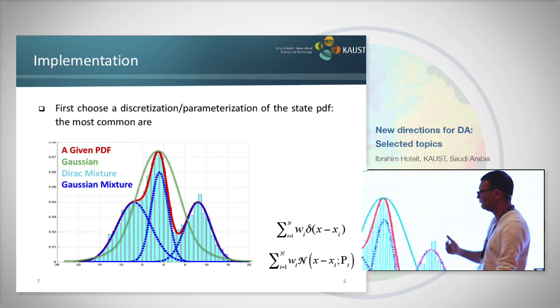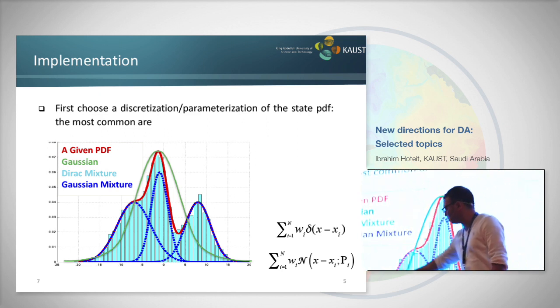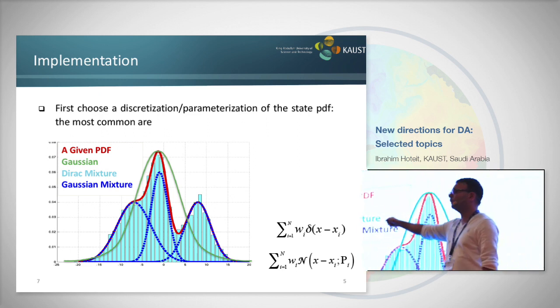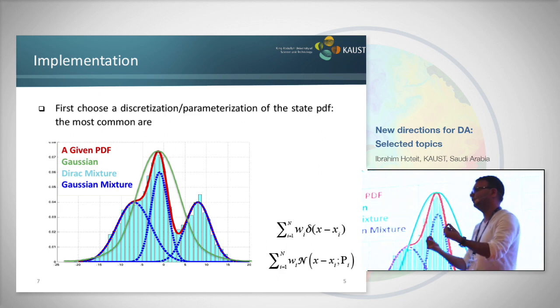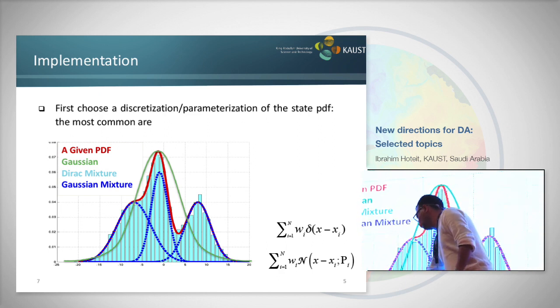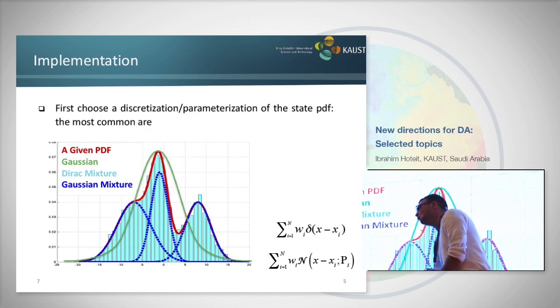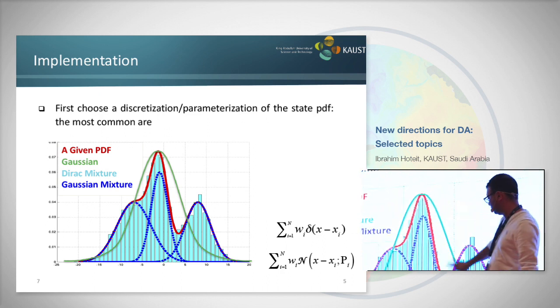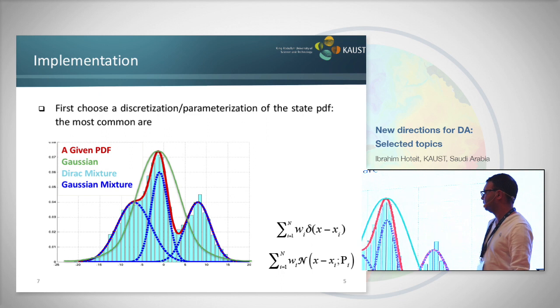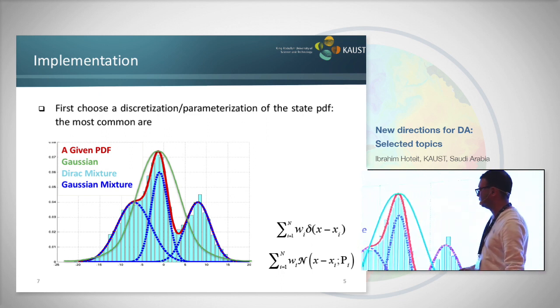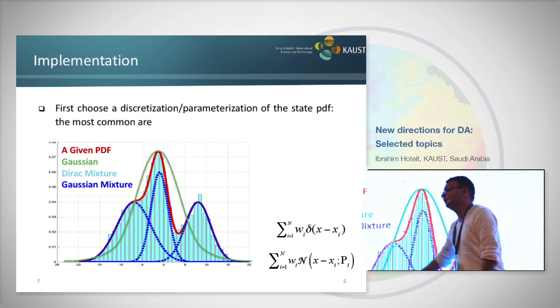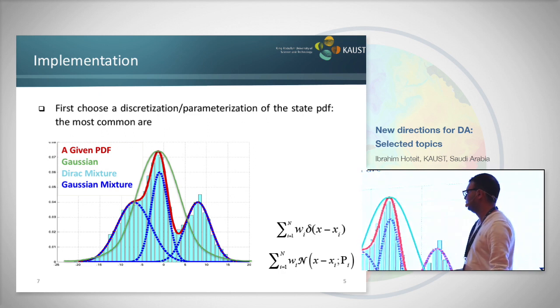Another, better way to describe the PDF is to use histograms. We call this a mixture of Dirac functions. Okay, you have particles or members, and each one has a weight, and it approximates a PDF in a much better way than a Gaussian, of course. But you need many of these. Okay, this is in 1D.